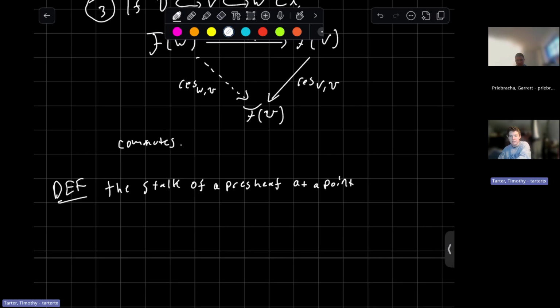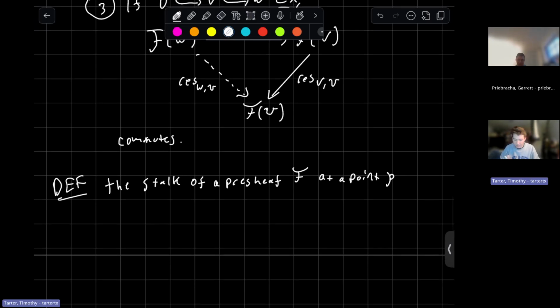And the other way is as the colimit of a category. So the stalk of a pre-sheaf F at a point P is the set of germs of F at P.